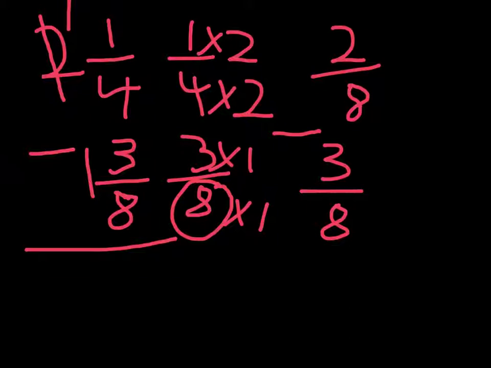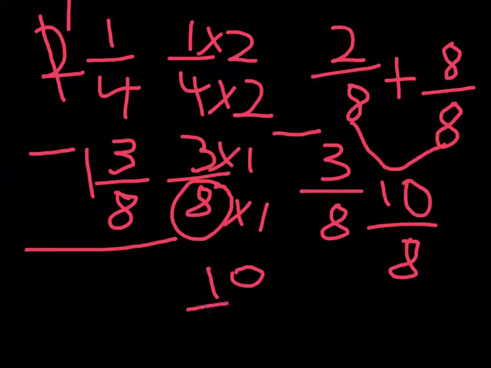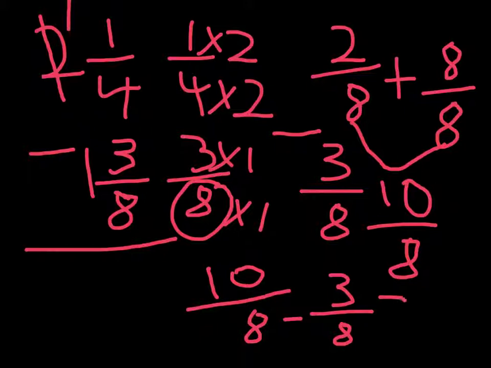So we'll have to borrow from the 2, and we'll have a 1. And 8/8 equals 1. And when you add them up, you'll get 10/8. 10/8 minus 3/8.